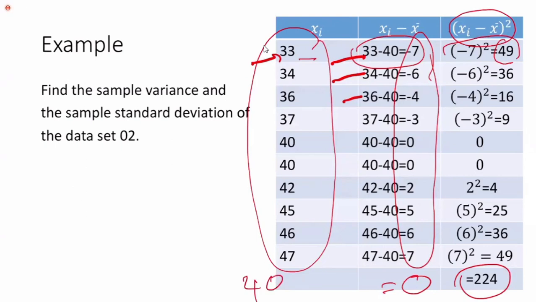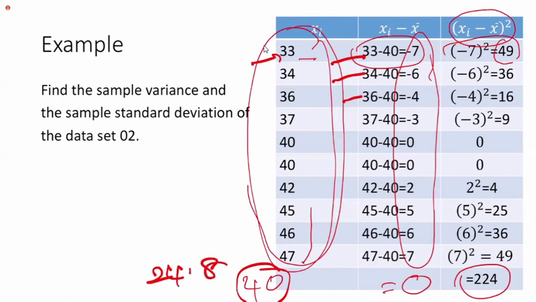Now 40 is deviated from each and every element in the data set. The mean of this data set is deviated from each and every element in the data list by 24.8. That is simply called variance.